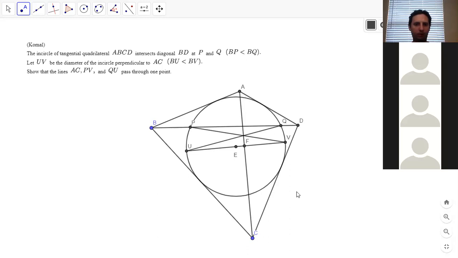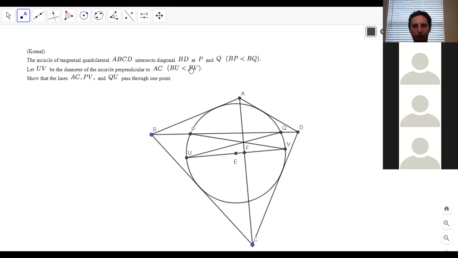We used the SARS. PV and QU. Does BU and BV concur on the circle? Let's see.